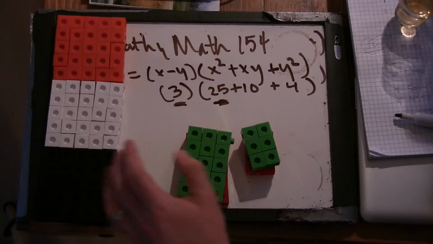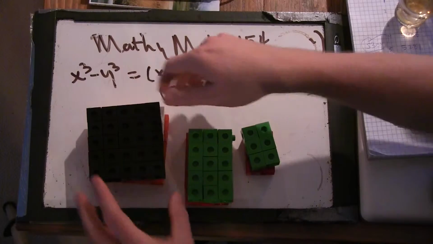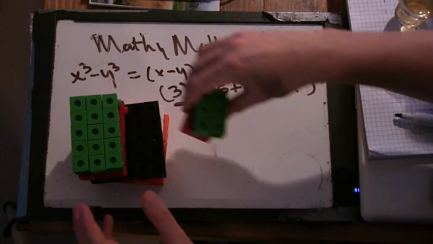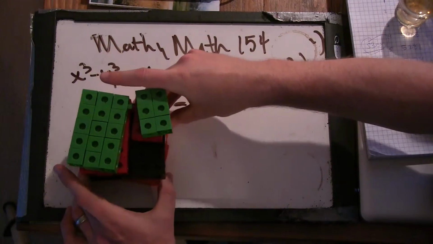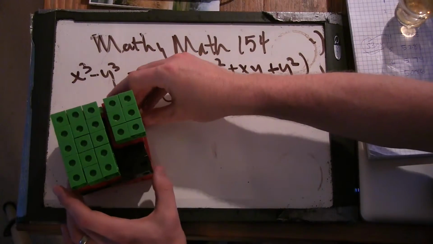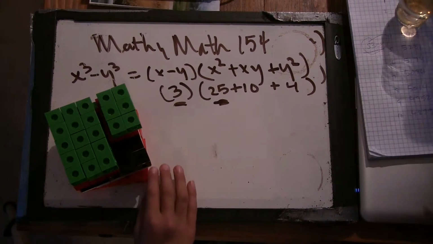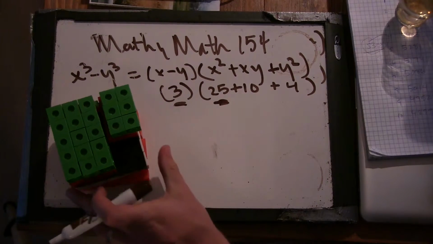Now let's see if we can see it in general. In general, there'd be x minus y of these gray layers.